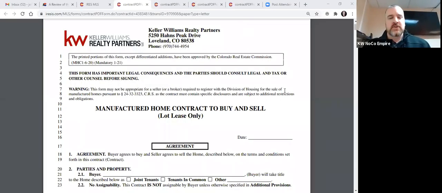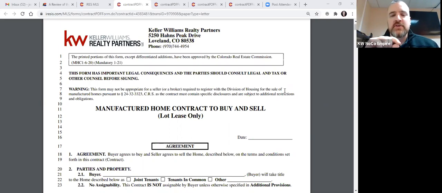So what we're going to do is start with the actual manufactured homes contract. There's a manufactured home contract to buy and sell, and then there's what's called a manufactured home contract addendum, and that addendum would be used in conjunction with either the land contract or the commercial contract.